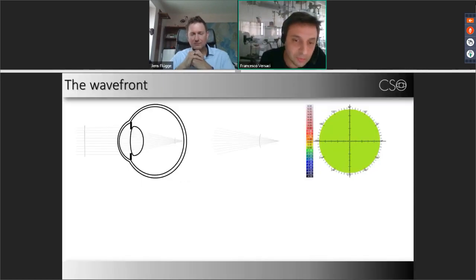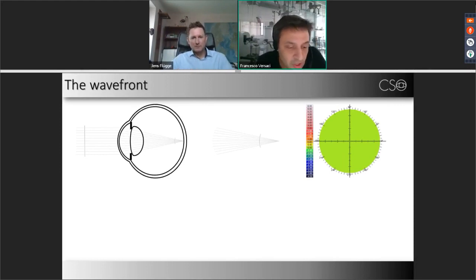Let's introduce at this point the concept of wavefront. A wavefront is a surface over which an optical disturbance has a constant phase. So rays and wavefront are two mutually complementary approaches to light propagation, and the wavefront is always perpendicular, always normal to the rays.